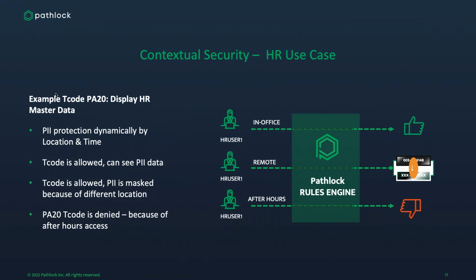And then another example could be dynamic access. Keep in mind, they've really been given access to this transaction, and we're not changing that. But as the user comes in after hours, maybe it's 2 or 3 o'clock in the morning, why are they attempting to access that transaction at that particular point in time? So you can have your business policy that says, we're not going to allow access.